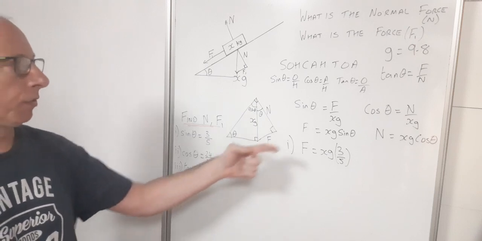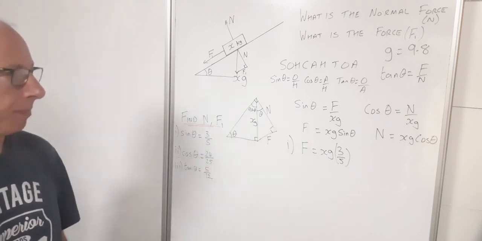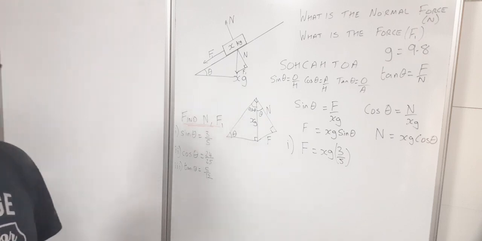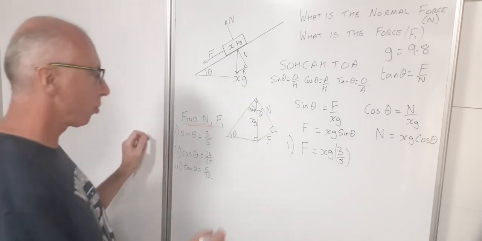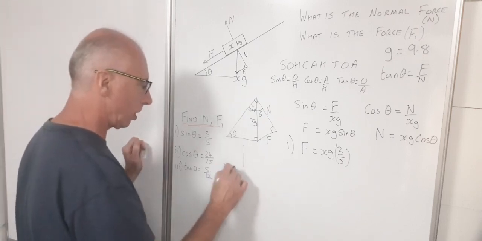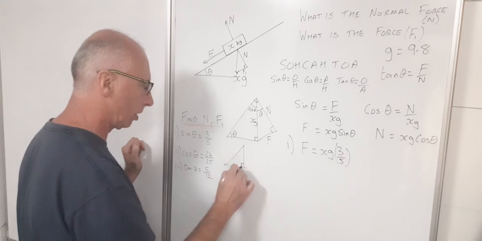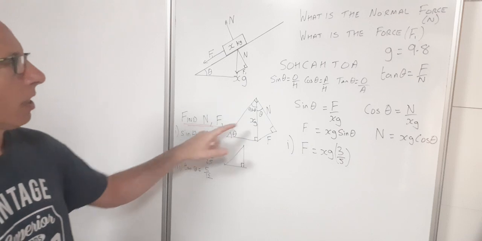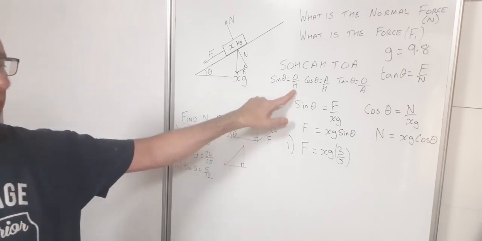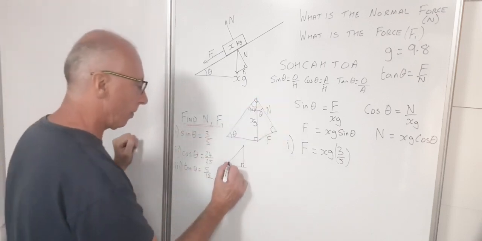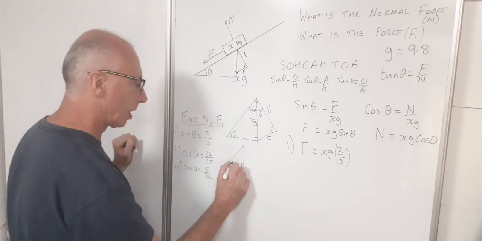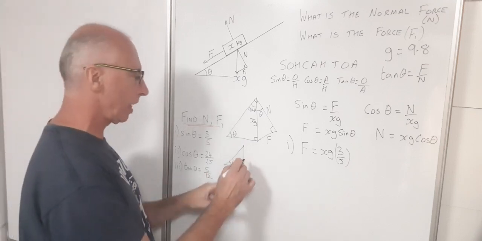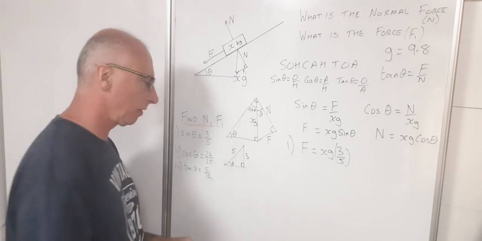Now what's the normal force in this diagram? Well, I don't know too much about cosine theta just yet, but I could draw a sample right angled triangle, and I know that sine theta is 3/5. Sine theta is opposite over hypotenuse. So if this is my angle theta, sine theta is opposite over hypotenuse, and that's 3/5.